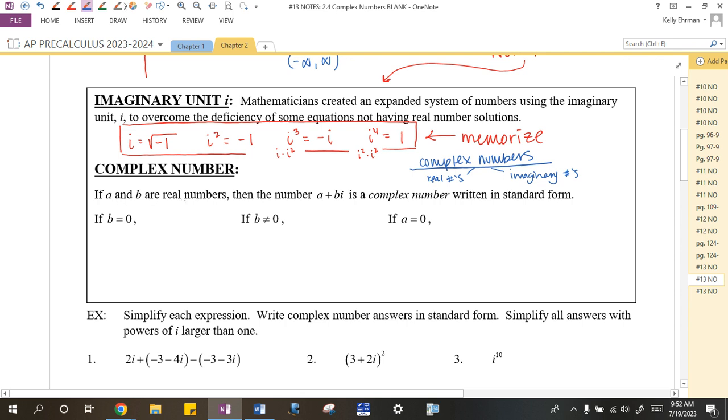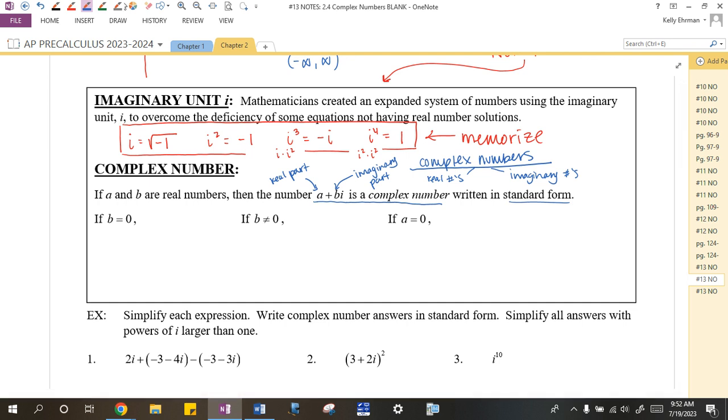So if a and b are real numbers, then the number a plus bi is a complex number, and a plus bi is the standard form of that. We call a the real part, written first, and then we call the bi the imaginary part. A complex number can combine real parts and imaginary parts, but it could also have just the real part or just the imaginary part.